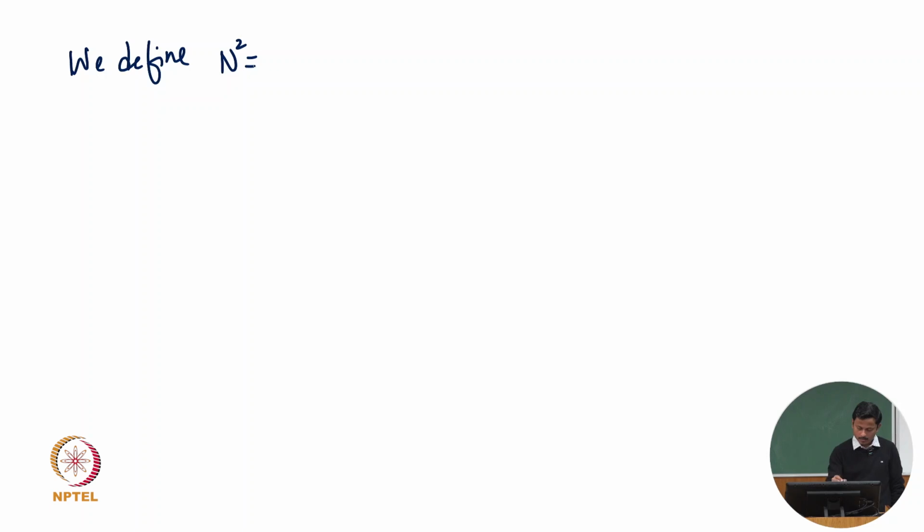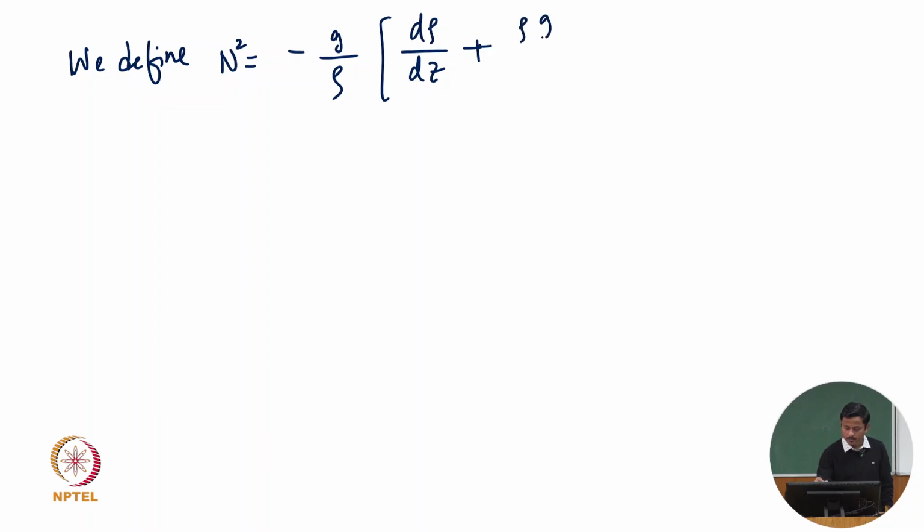So writing down, define N squared is equal to minus g by rho d rho by dz plus rho g by gamma RT.